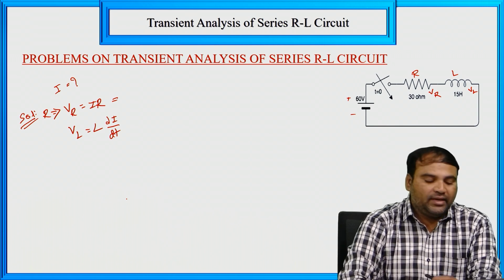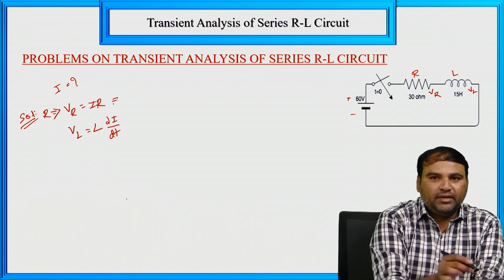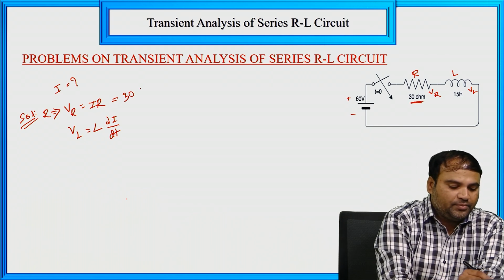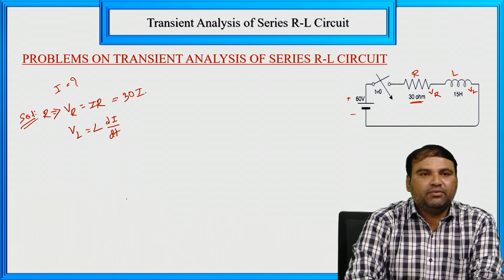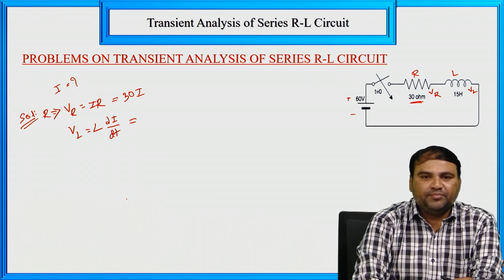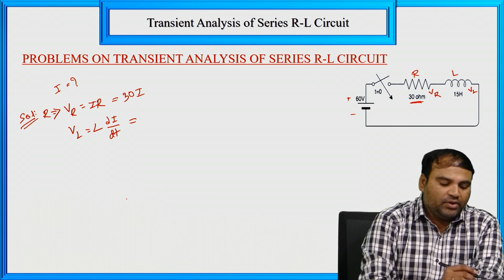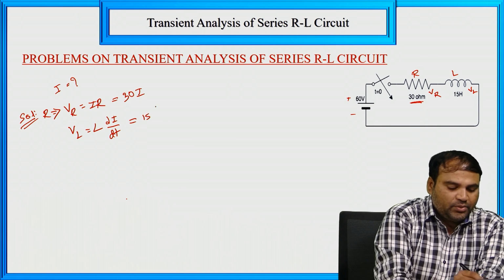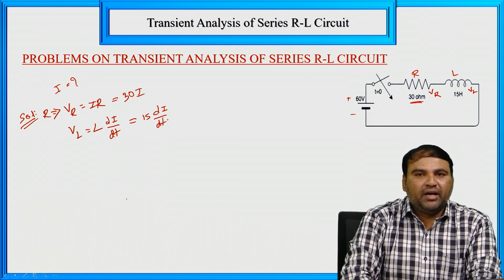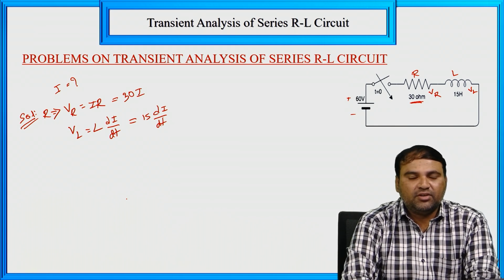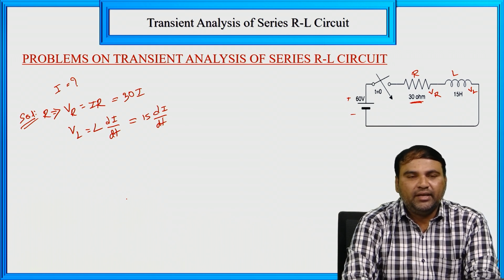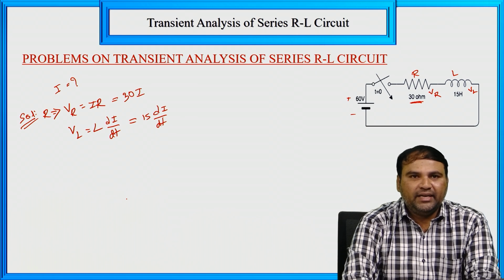R is 30 ohms, so VR is equal to 30 into I, and L is 15 Henry, so VL is equal to 15 into di divided by dt. Now we have the voltage across the resistor and the voltage across the inductor L.